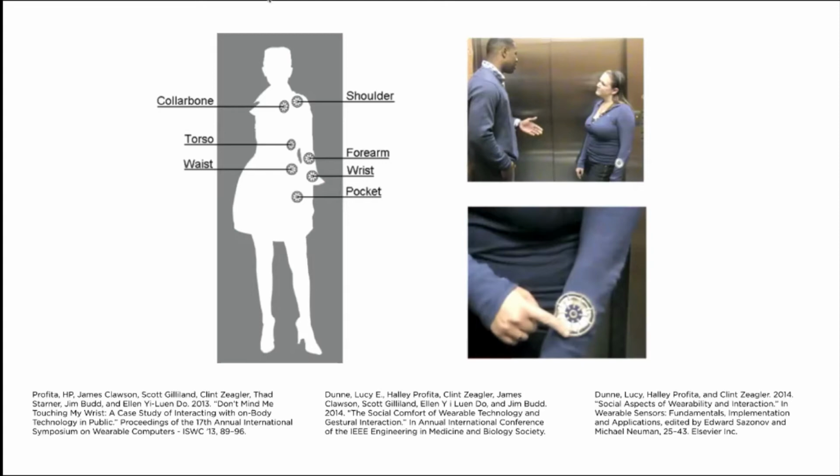Past that, the places on the body where people interacted was pretty typical as to what you expect. The wrist and the forearm was a lot more socially acceptable than the waist or the pocket. Depending on female to male, a jacket lapel was better for males than it was for females.